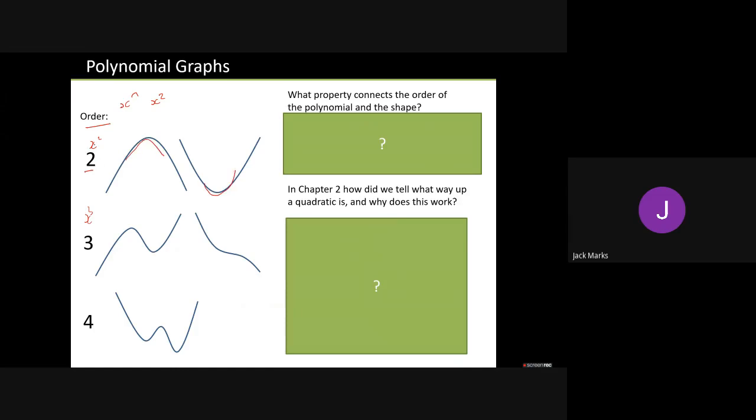It seems to follow this pattern that it can have n minus 1 turning points. The order is 2, 1 turning point. Order is 3, 2 turning points. However, notice this does not always need to be the case, and we'll look at why this is sometimes not the case. If the order is 4, notice we can have even more turning points.